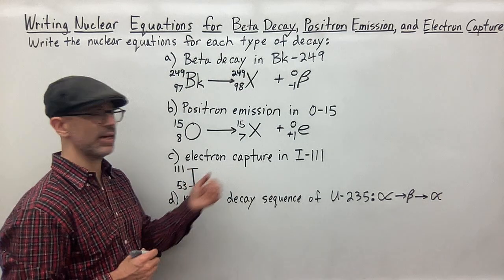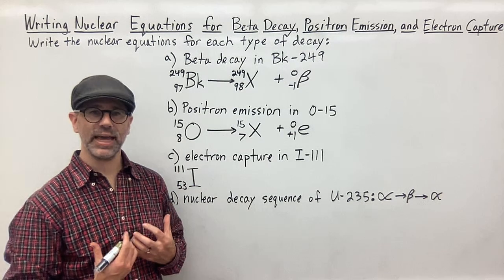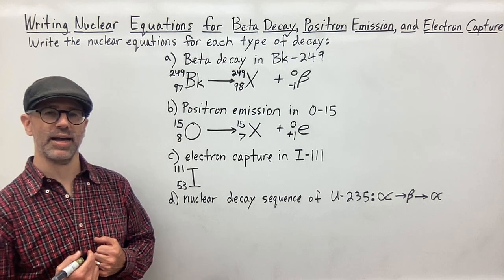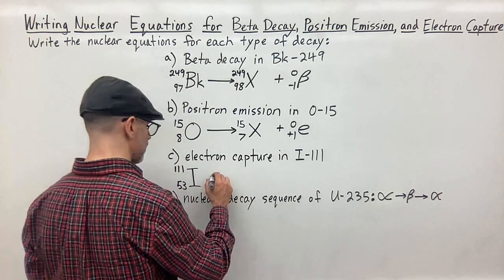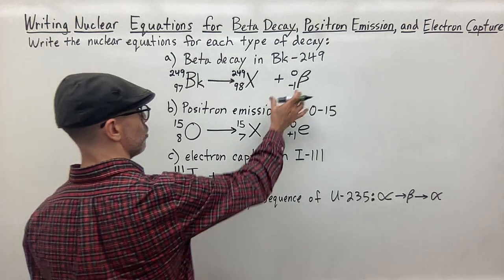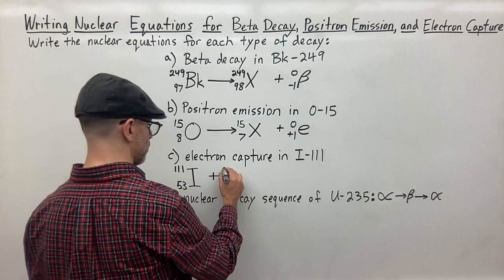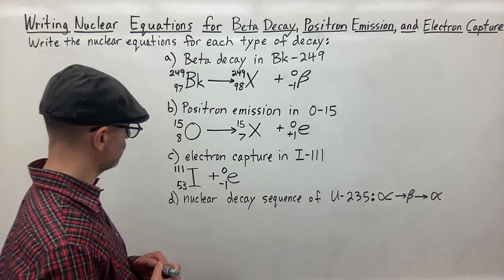And this is undergoing electron capture. So as the name capture indicates, this is going to be taken up by the iodine. So this is going to be a reactant. So we're going to add the electron to this side. It's capturing an electron. So we're going to take the electron here, and it's going to be 0 on top, -1 on the bottom.